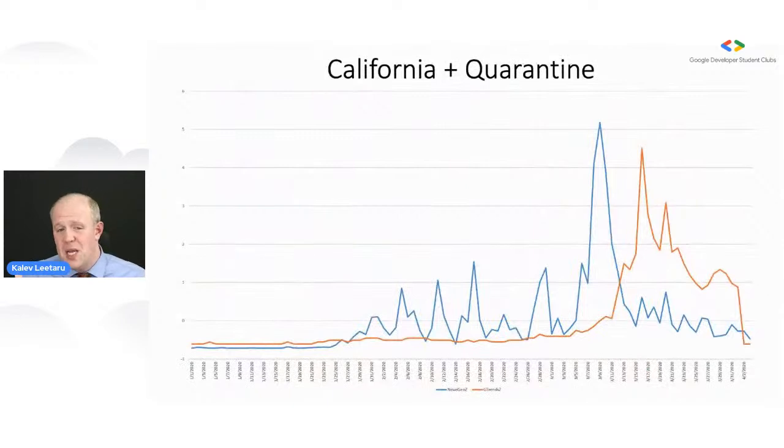We can look at things. This was actually done to support some government work with respect to the early days of COVID. What you can see here is blue is news media coverage talking about quarantines in California. Again, this is early last year. Orange are Google searches from Google Trends data. So what you see is the news media is really putting this out there, and people weren't paying attention.